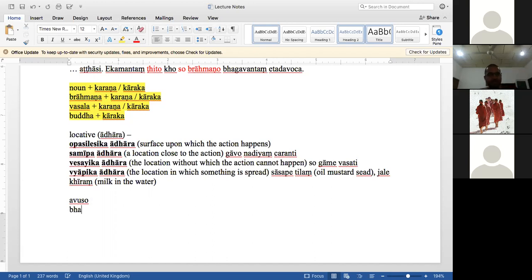But monks called each other Auso, because even though there was seniority during the Buddha's time and they had to respect the senior monks, the addressing happened as Auso. In the Mahaparinibbana Sutta, the Buddha mentions that from today onwards, a junior monk should not address a senior monk as Auso. He should address him either as Bhante or Ayasma.